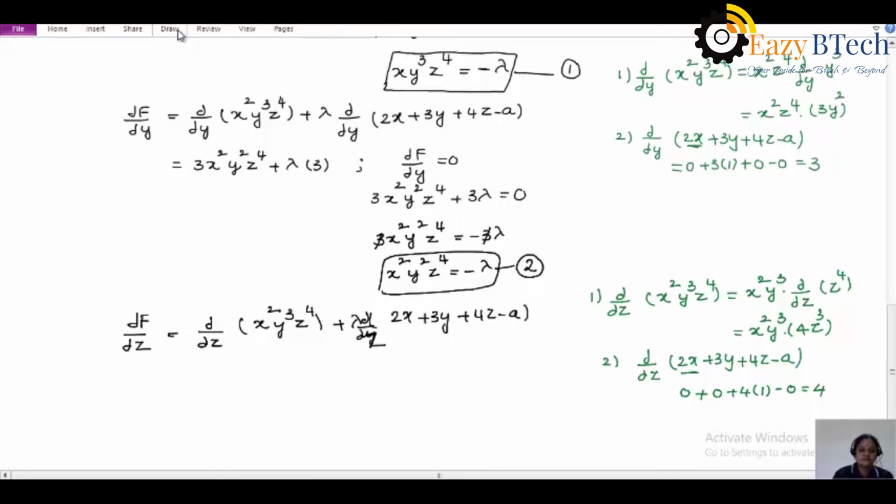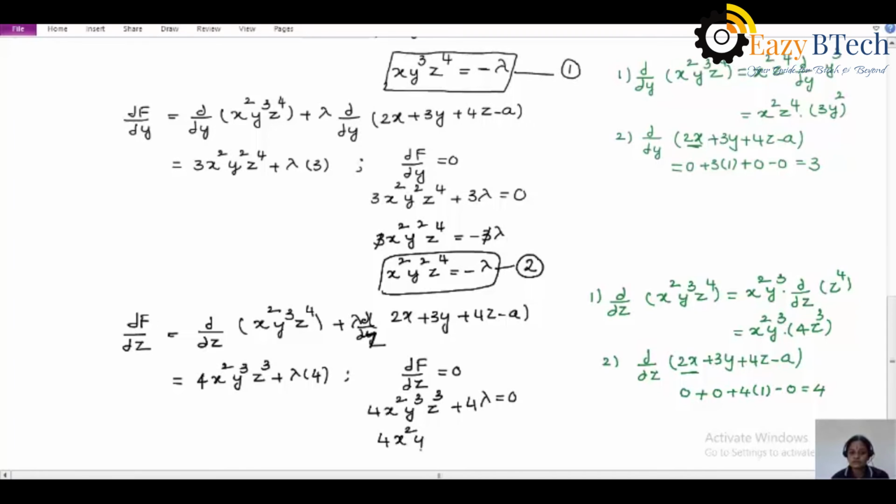Okay. Now substituting the values here. The first term with respect to z: at first I am writing the constant 4x²y³z³ plus λ into 4. According to the procedure, again equating this to 0: 4x²y³z³ + 4λ = 0.